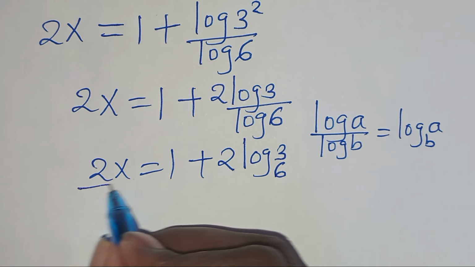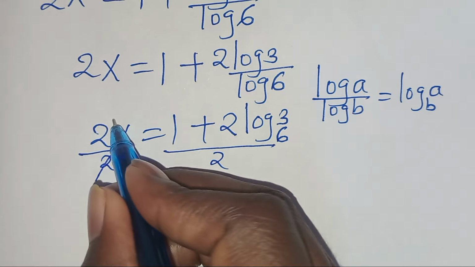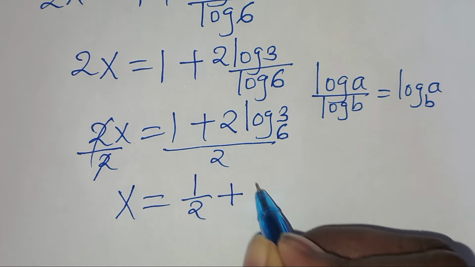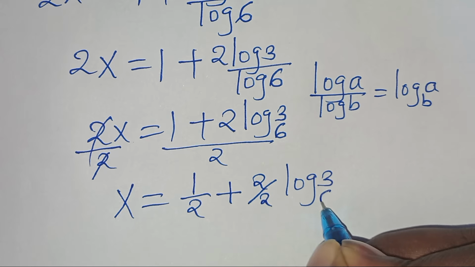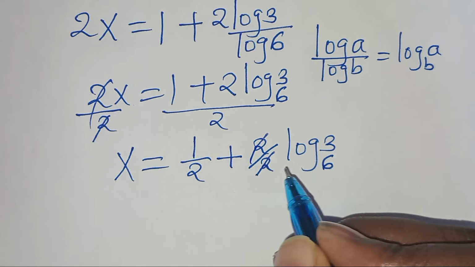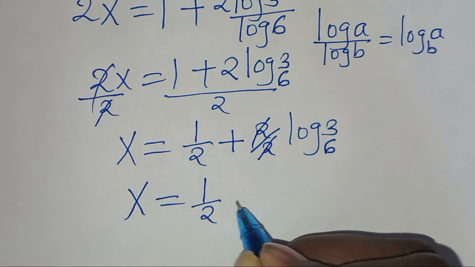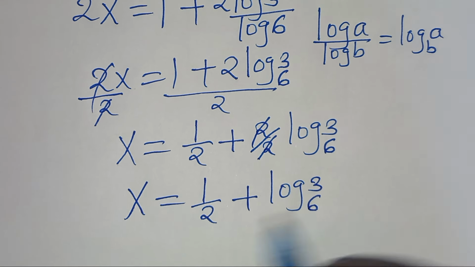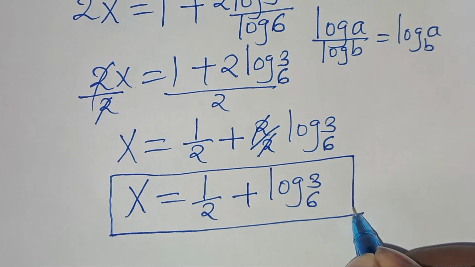The next step is to divide both sides by 2, so that now we have x equal to half plus 2 over 2, then log 3 to base 6. So let's simplify here. 2 and 2 simplify, so that now x is equal to half plus log 3 to base 6. So now this is the value of x from here.